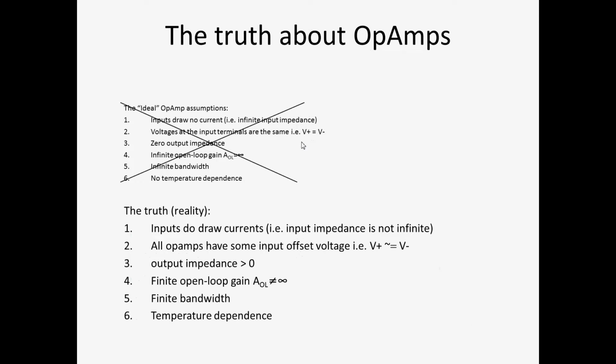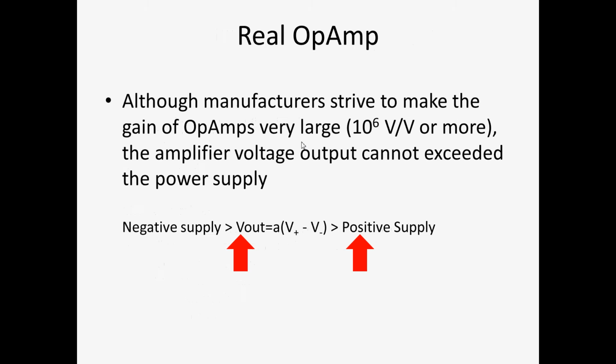Anyway, we discussed already the truth about op amps, that they are not ideal and so forth, so they can't destroy the universe. But unfortunately, together with the benefit of not destroying the universe, come a lot of catches like the one that we just discussed. We discussed this already, so that the output of an amplifier can't exceed the voltage supply.